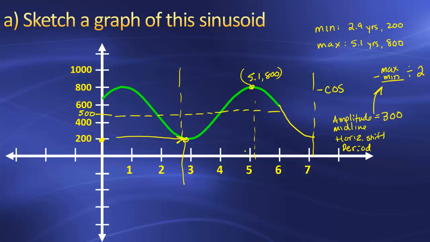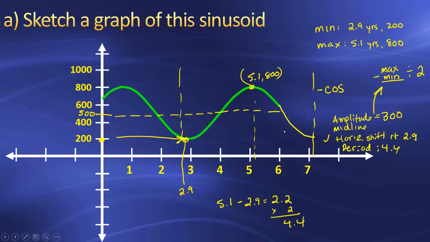So we've got our horizontal shift now. We shifted it right 2.9. Our period we can get from this. This is at 2.9 on our x-axis, and this is at 5.1. So 5.1 minus 2.9 is 2.2. We know that this is half of a period of cosine, so we can multiply it by 2. So now our period is 4.4.